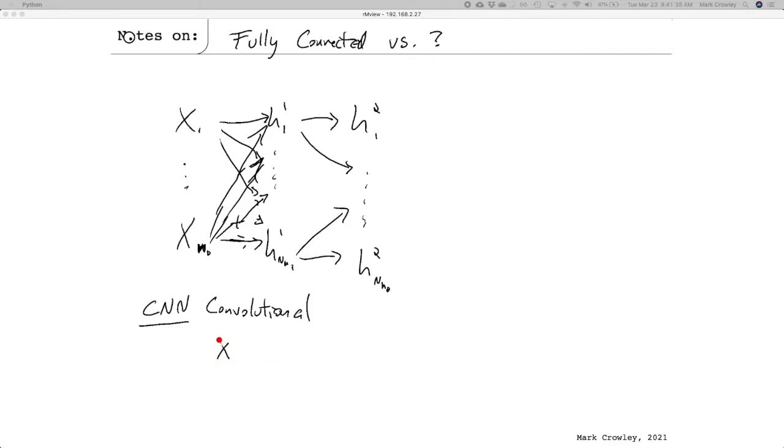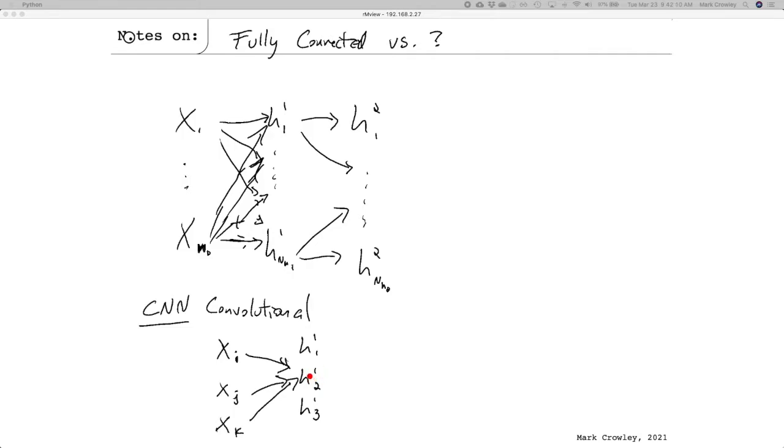Every node in the previous layer, we'll just have i, connects to a bunch of nodes in the prior layer, but not all of them. We could have i and j, and so this node here, sorry, I'm just thinking it through as I go, will only connect to some of them, basically by a neighborhood, right?